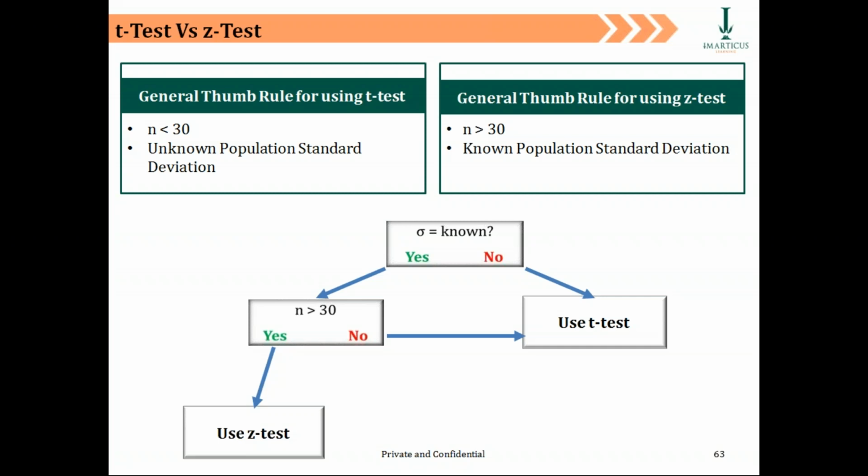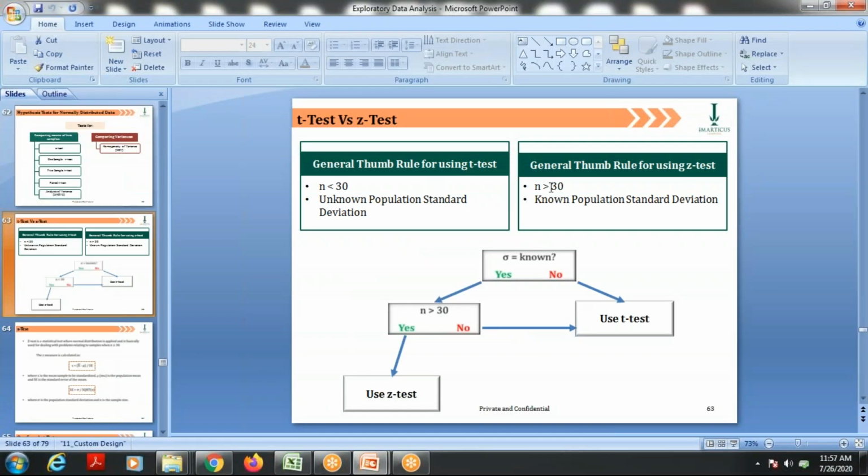The right side is talking about the z-test, and for that I explained that your sample size needs a small correction. This is greater than or equal to, not only greater than. I would say if you write greater than or equal to 30, that will make better sense.